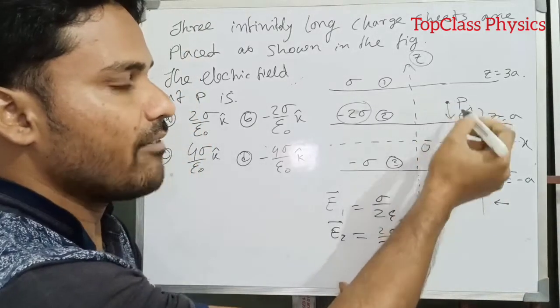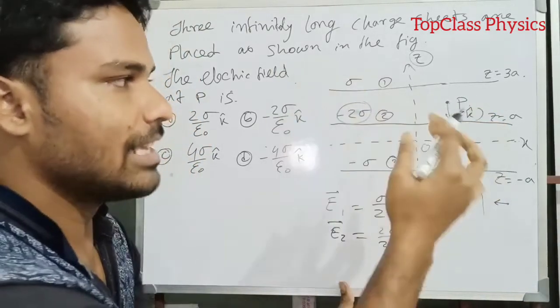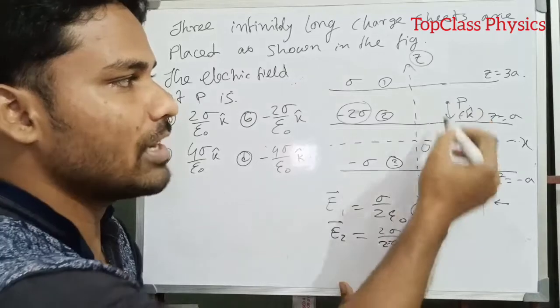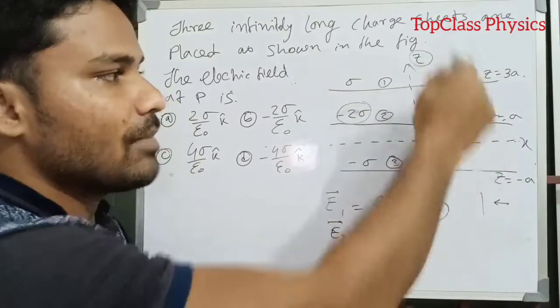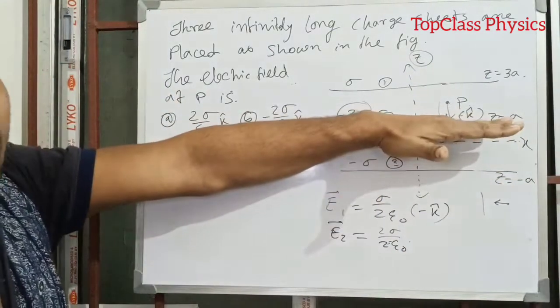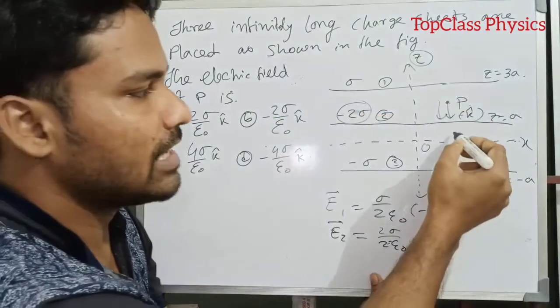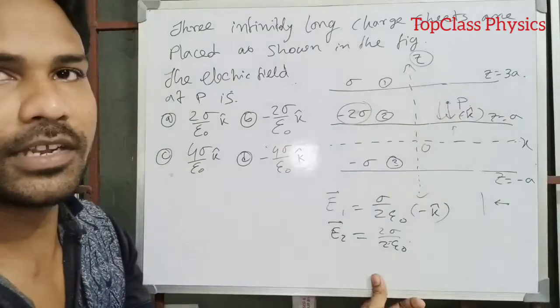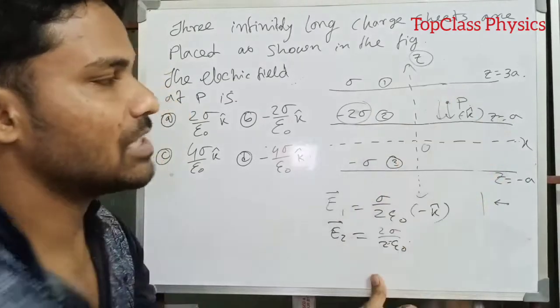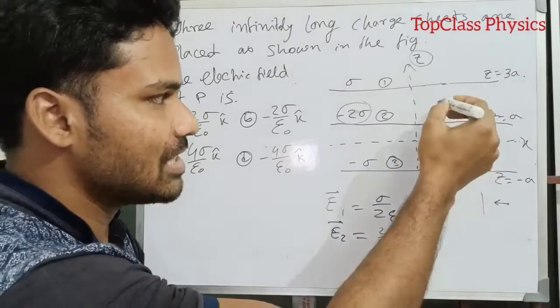I am finding the electric field for this plate at this point, because I am considering the second plate. So the electric field at this point is towards it. If I find it at this point, it is also towards that plate. Our measuring point is fixed, that is point P, so this is towards that plate.